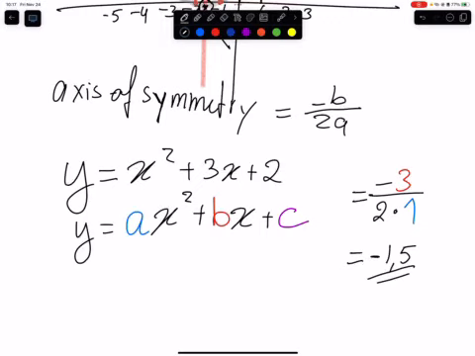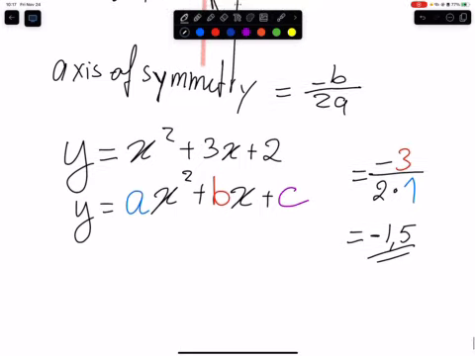So you only have the x value. You also need the y value. How do I get to the y value? Just placing it in the formula.